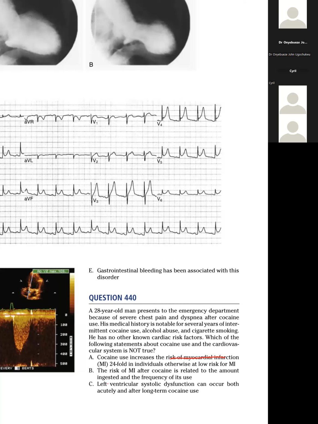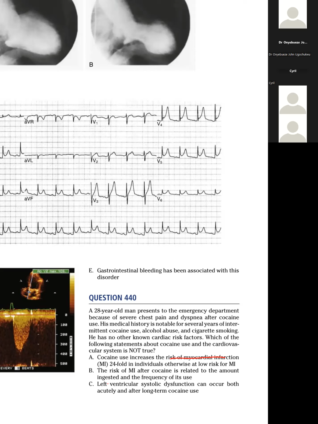I think C is most likely correct, which means it is not the answer here. The risk of MI after cocaine is related to the amount ingested and the frequency of its use. I think this B is most ambiguous. I'll stick with B. Thank you very much.